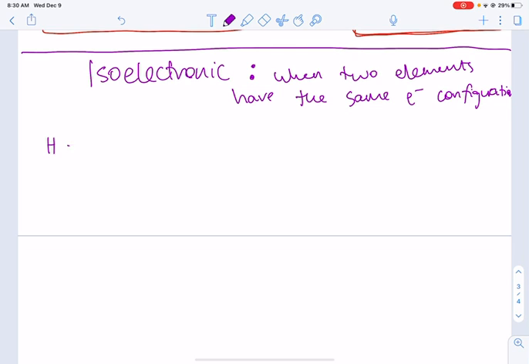So we have hydrogen, 1s2. Helium, sorry. Hydrogen is not 1s2. Hydrogen is 1s1. Helium is 1s2. Right? But what would be the electron configuration for hydrogen minus 1? It would be 1s2.